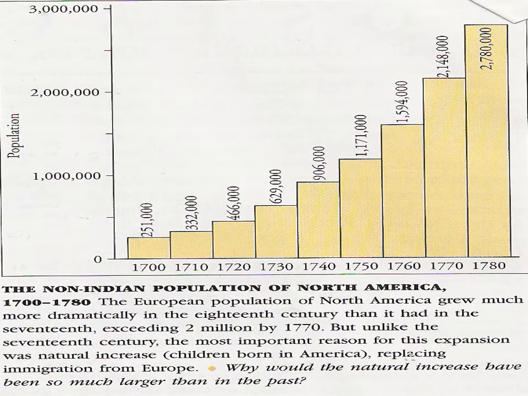And then looking at a chart highlighting the non-native population in North America from 1700 to 1780. The question at the bottom: why would the natural increase have been so much larger than in the past? Think of the factors that are helping with that increase.